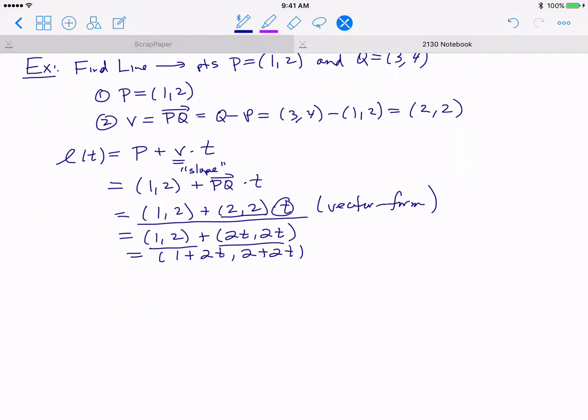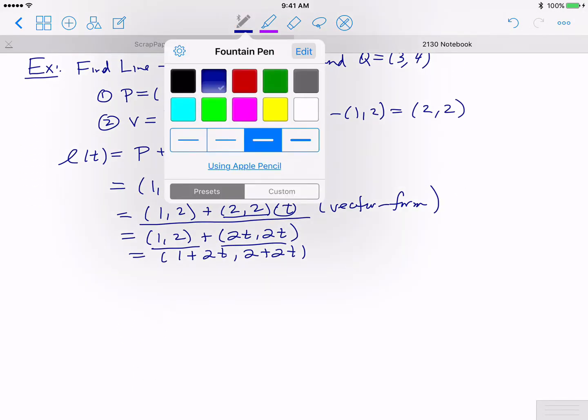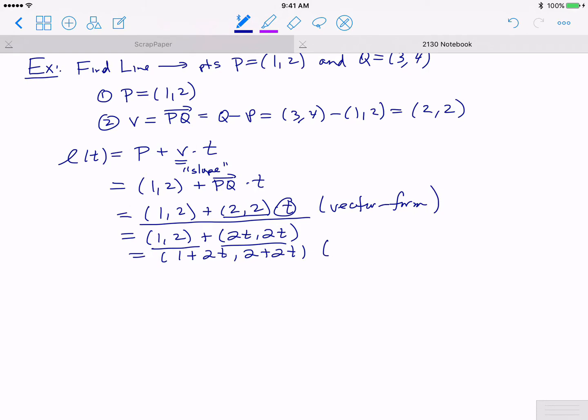So here we are seeing our parametric form. This is telling us that x of t is equal to 1 plus 2t and y of t is equal to 2 plus 2t.